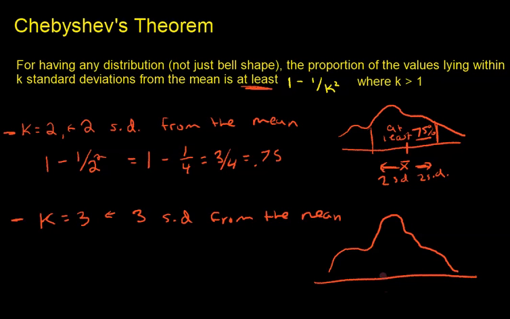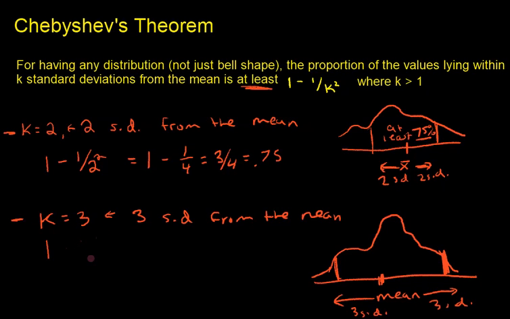But say this is what the distribution looks like, and the mean may be here. So we go 3 standard deviations above and below the mean. What is the at least percentage within 3 standard deviations of the mean?